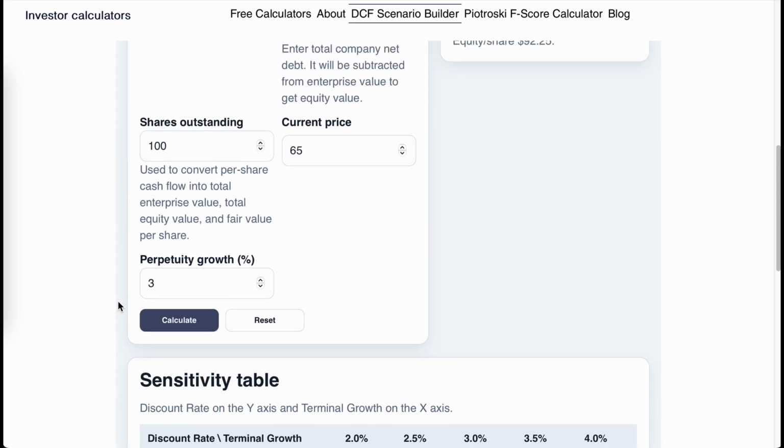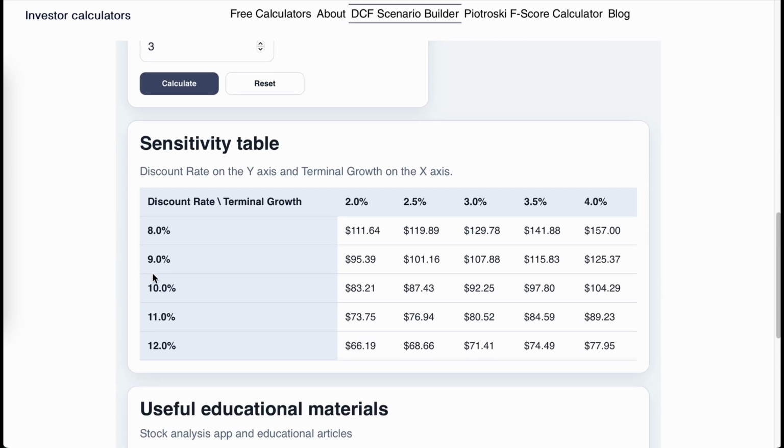So the terminal growth rate, you are assuming different rates for the company, and you're saying what will be the stock target price if the terminal growth rate will be, say, 3%, and the discount rate or cost of capital, the rate by which we divide the free cash flow and the terminal value to come up to the equity value to calculate its stock target price.